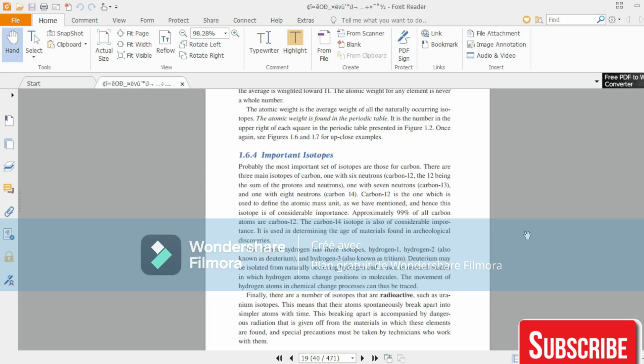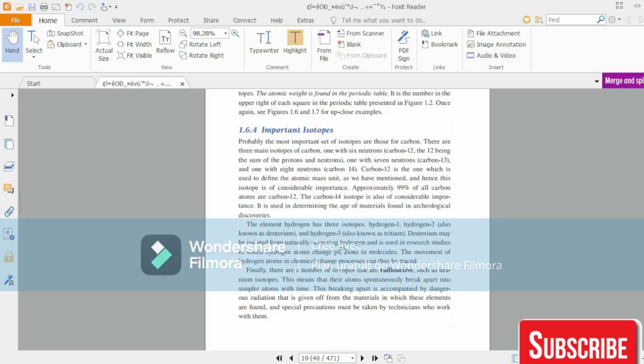The carbon 14 isotope is also of considerable importance. It is used in determining the age of materials found in archaeological discoveries. The element hydrogen has three isotopes: hydrogen 1, hydrogen 2, also known as deuterium, and hydrogen 3, also known as tritium.